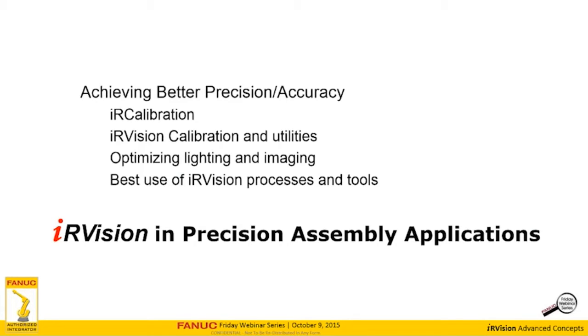let's talk about achieving better precision and accuracy for our application. I have four general categories of technology that I'd like to either introduce you to or at least review for you that may help achieve better precision and accuracy in your iRVision application for precision assembly.